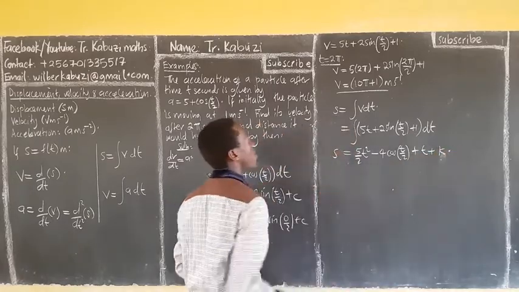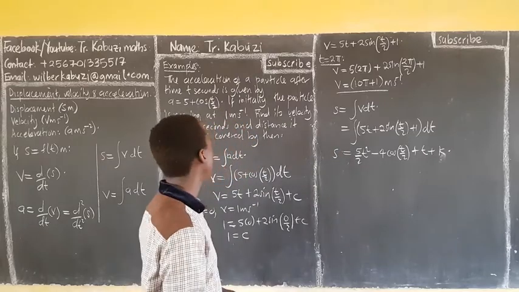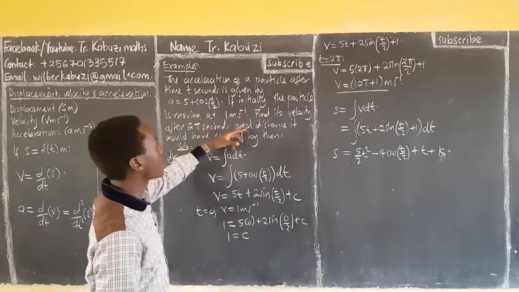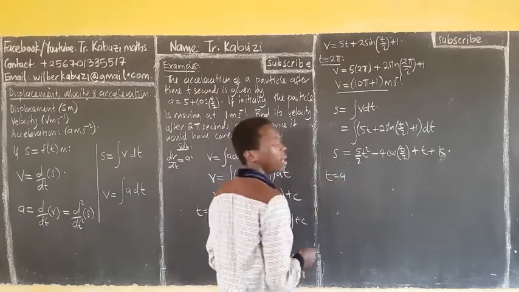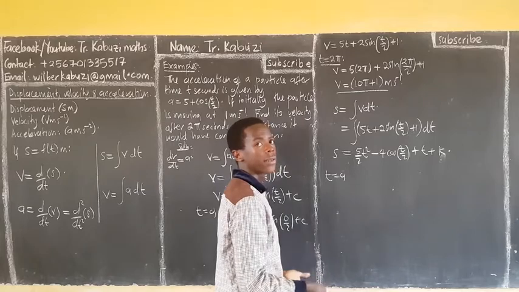This is our s. So how do we remove this constant of integration? They told us that initially, meaning that when t is 0, of course, we have moved 0.